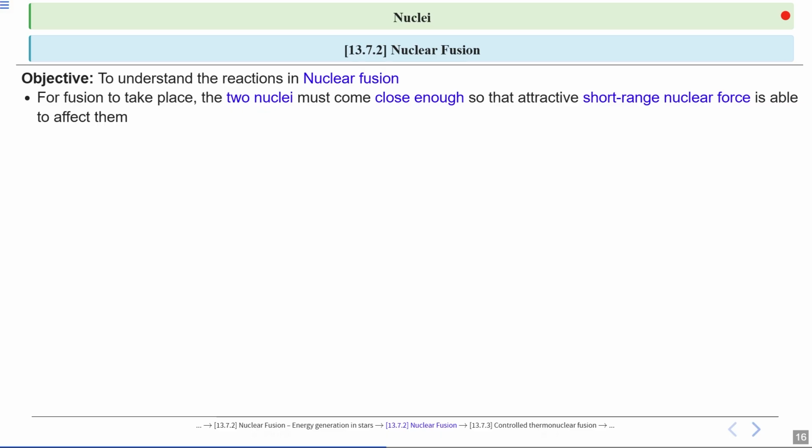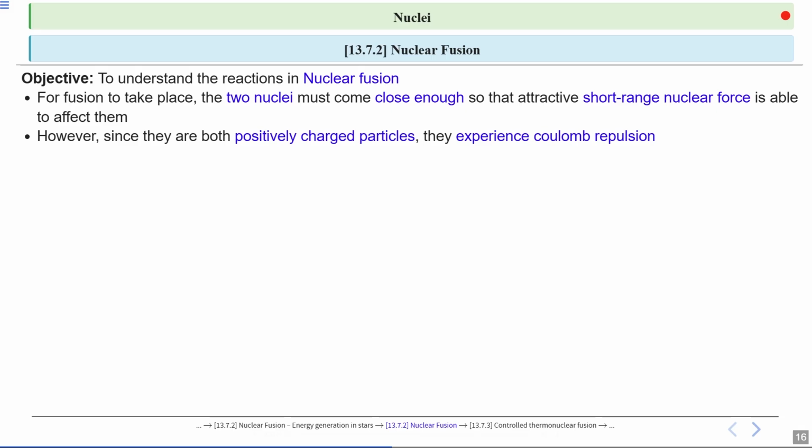Let's examine the first requirement for fusion. For two nuclei to fuse, they must get extremely close to each other, close enough for the short range nuclear force, which is a very strong attractive force, to pull them together. This force only acts over distances about the size of an atomic nucleus, which is roughly 1 femtometer or 10^-15 meters.